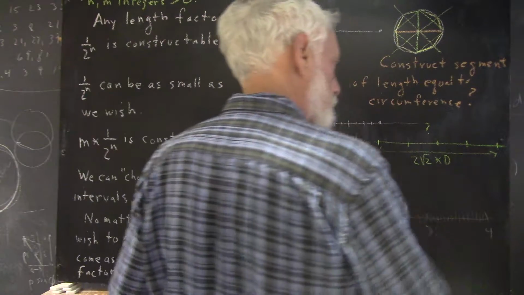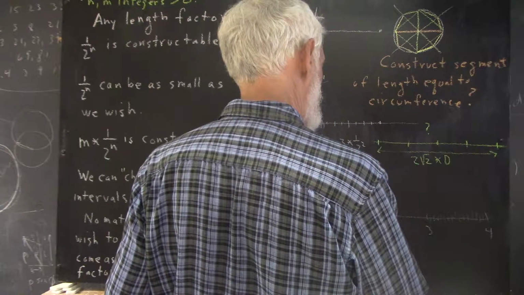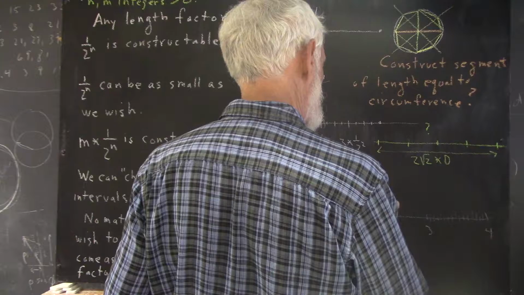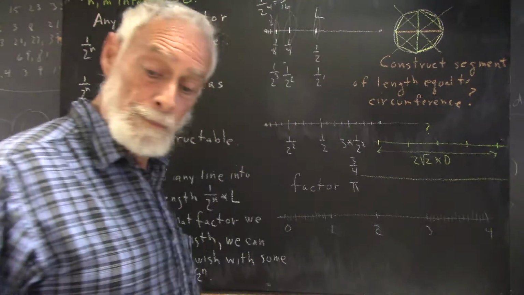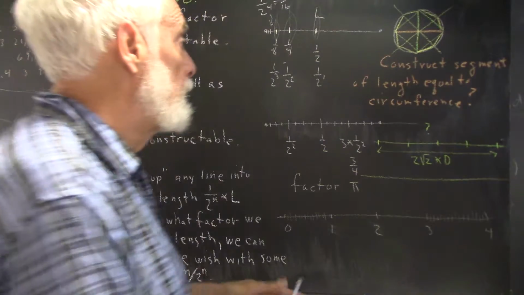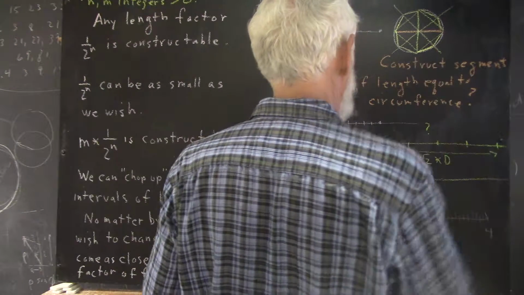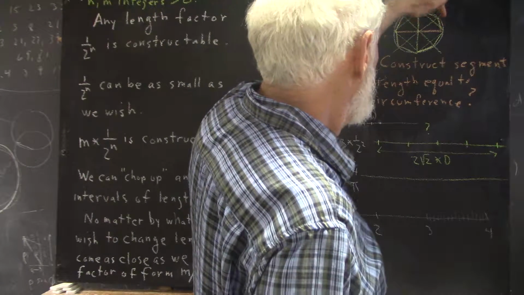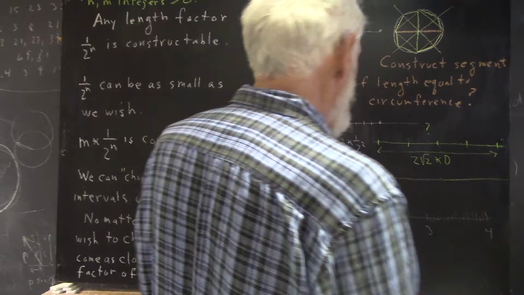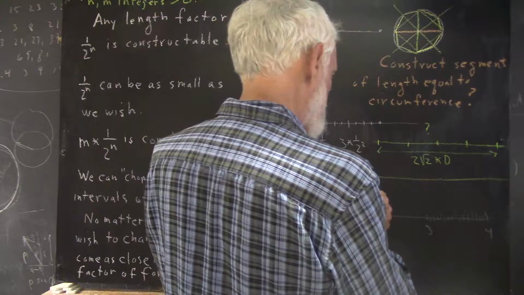So maybe I have room to do that here. Depends on how accurately I did what I did before. Let's see if we can fit it onto the board. I've got this distance. If this is constructed accurately, now I drew this freehand. Some of these segments are longer than others, some are shorter, so I don't know how this is going to work out.